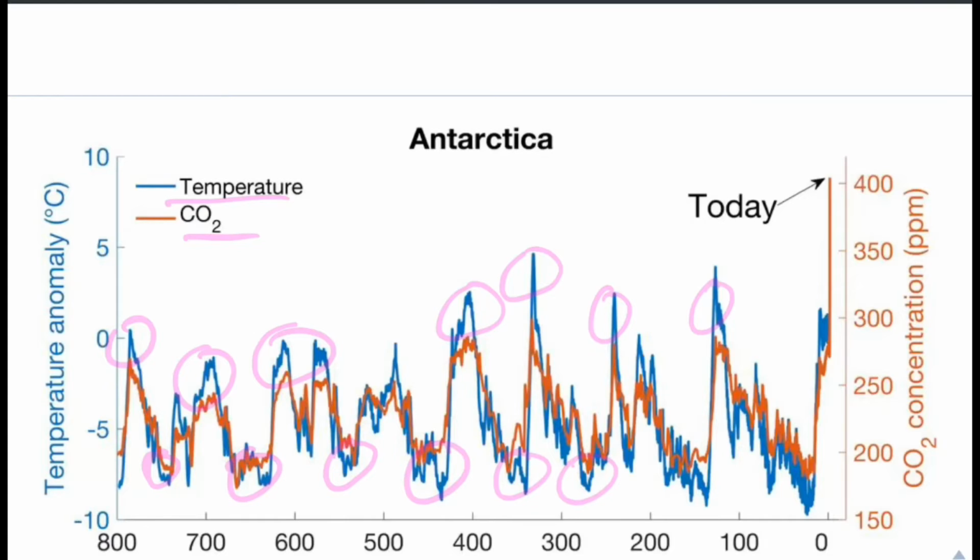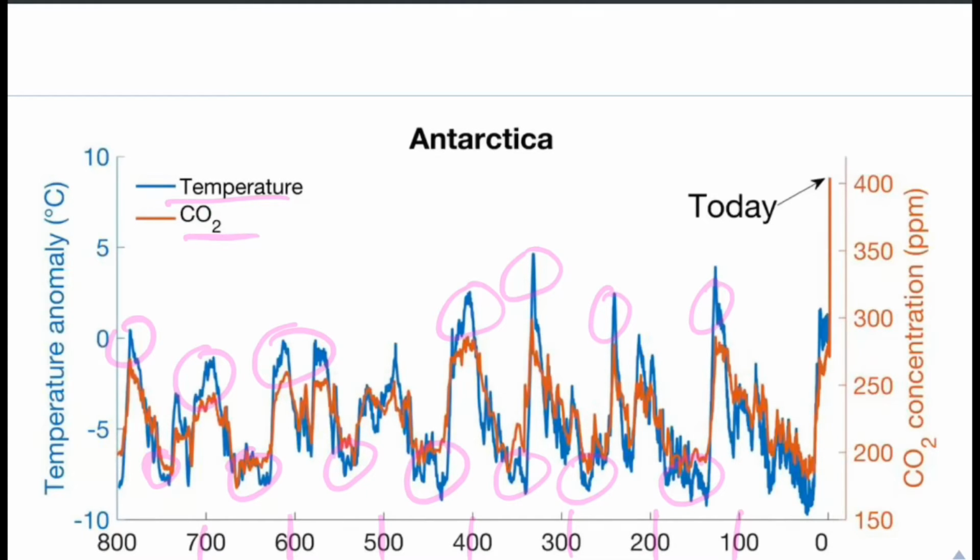Down here at the bottom of the waves in the graph, that's when we would have had our glacial periods. So the ice cores have shown that temperatures varied between warm interglacial periods and colder ice ages. Basically, it looks like it happened almost every 100,000 years: a new interglacial period followed by an ice age.